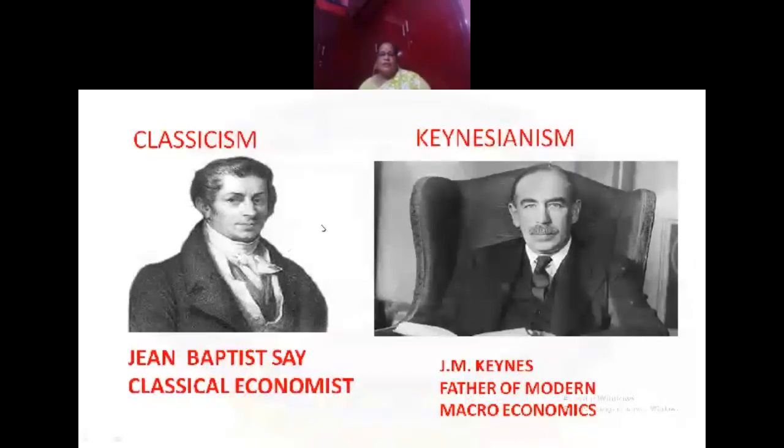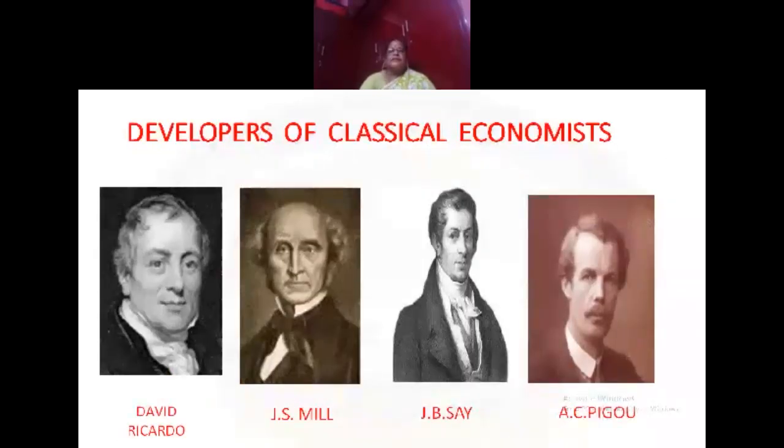These two persons, economists, are very important in this lesson. J.B. Say's full name: the expansion of J.B. is Jean Baptiste. These are all the important economists of classical economics. They are the developers of classical economics.